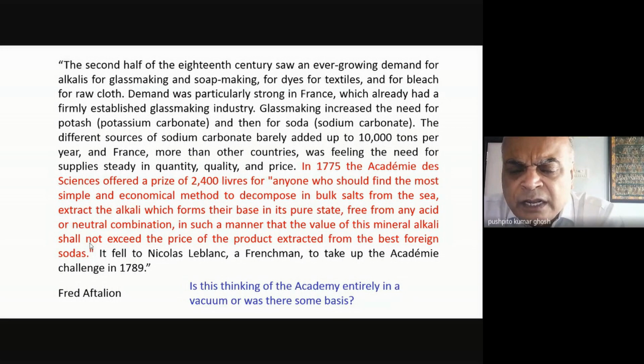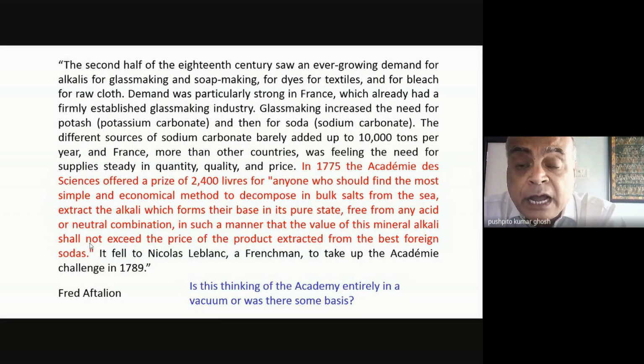We have all learned that a salt is basically only a combination of an acid and an alkali. So effectively, what these people were asking was, can you reverse the process, and reverse it in a way that I only get the alkali part? I don't know what you're going to do with the acid part. We'll find some solution. But I just want to be left with the alkali.